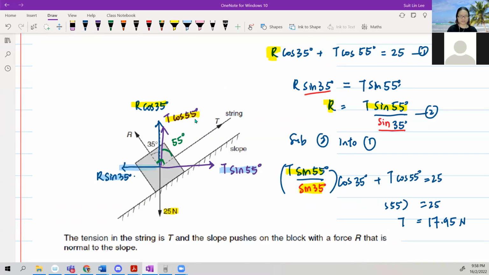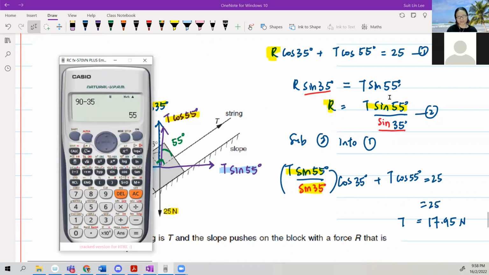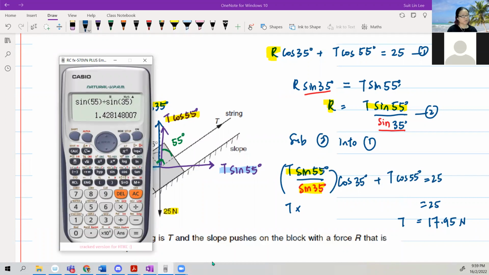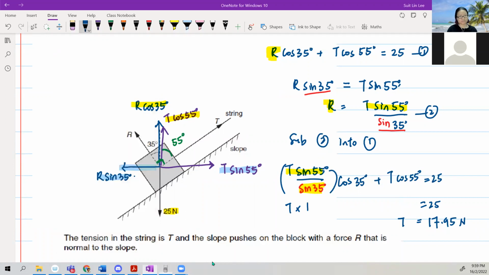Don't worry, we can press calculator. So if you don't want to deal with this, you can always just press sine 55 divided by sine 35. No problem. Okay. So this one will be T times, I don't remember, 1.43 times cos 35.